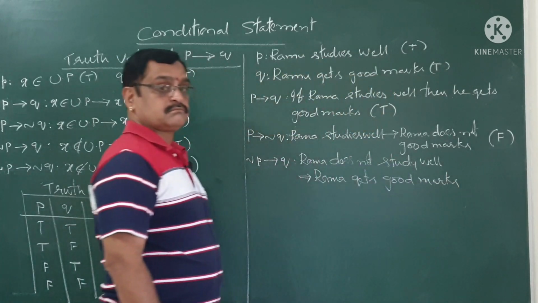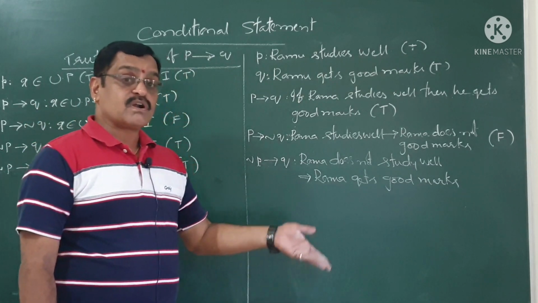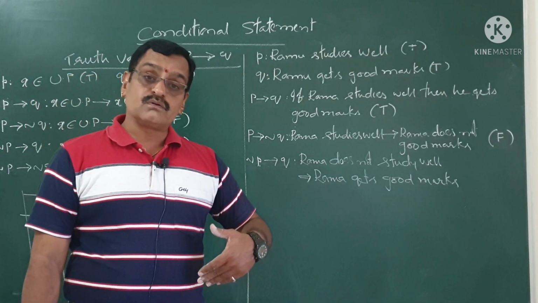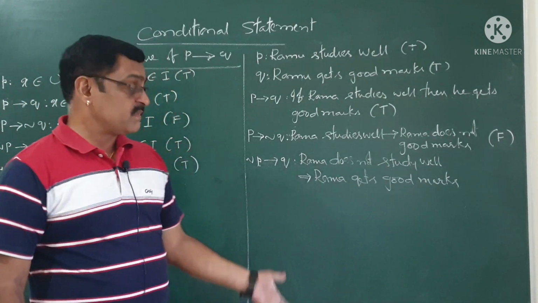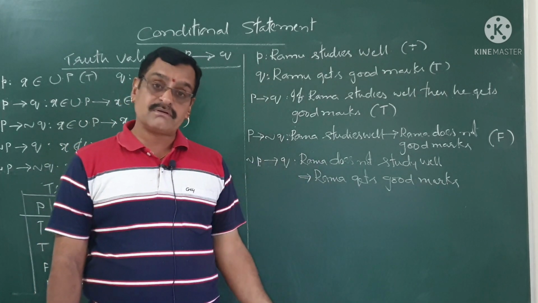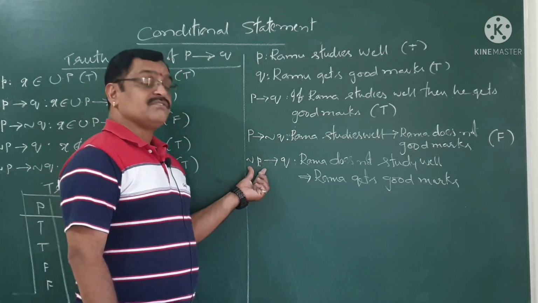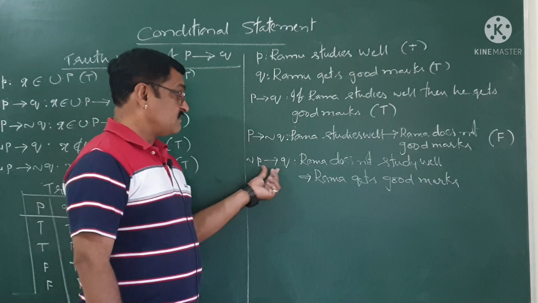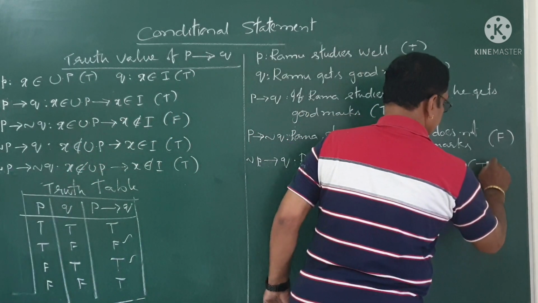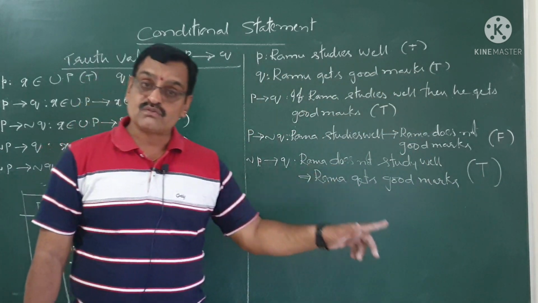Is it possible? Maybe in real life, Rama can get good marks only through cheating in the examination, or somebody might have helped him in the examination. In that case also he gets good marks. That means even though the first statement is false, the second statement is true, then the total is true. A false statement can imply a true statement.